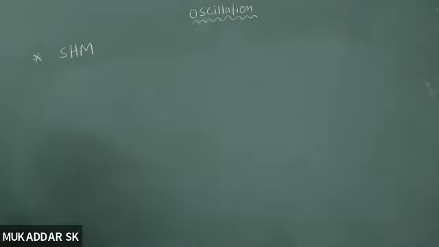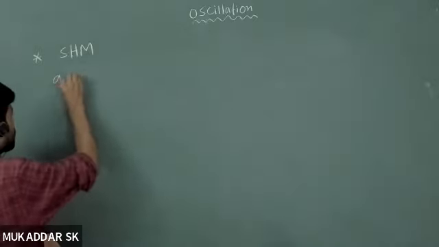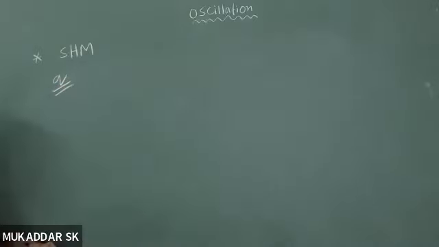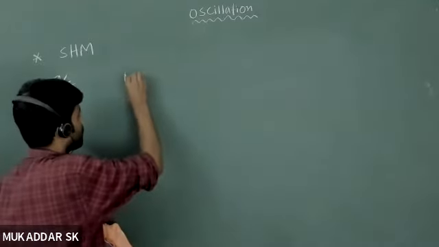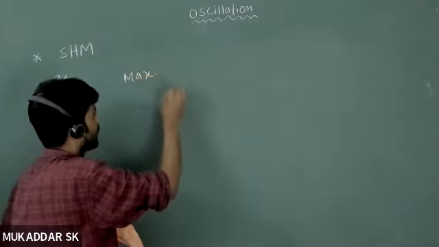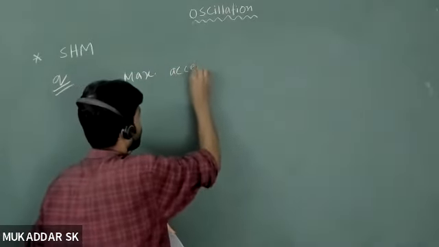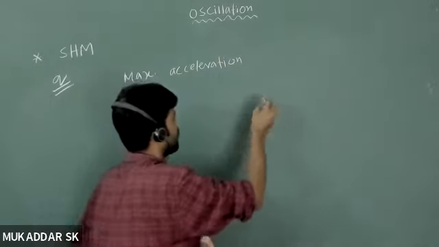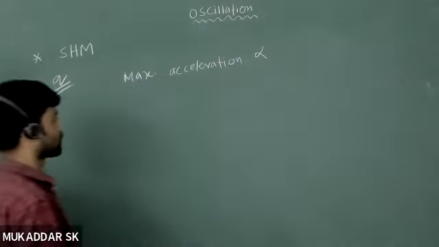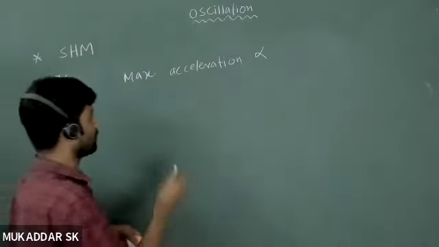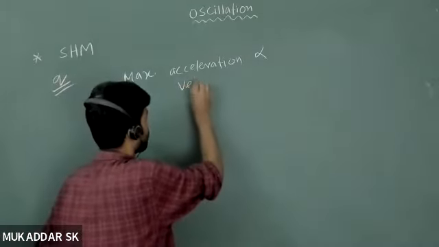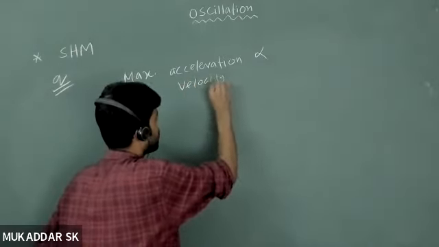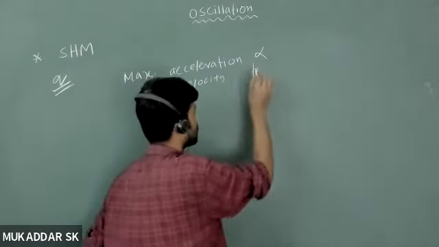Now, suppose a particle is making simple harmonic motion, and its maximum acceleration is given as alpha, and maximum velocity is given as beta.